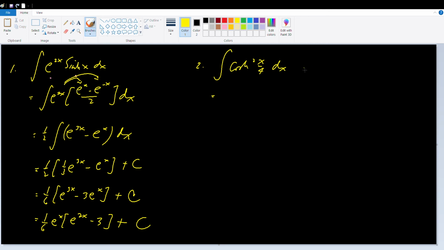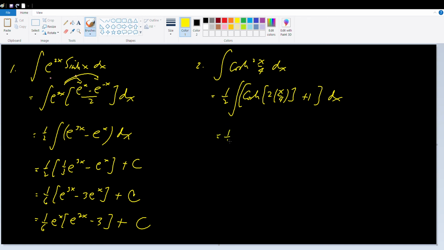We know that hyperbolic cosine squared x over 4 will be equal to 1/2 the integral of hyperbolic cosine of 2 times x over 4, okay, plus 1 quantity dx.